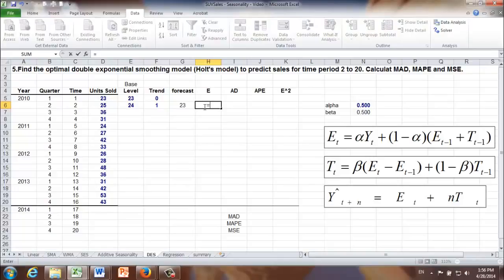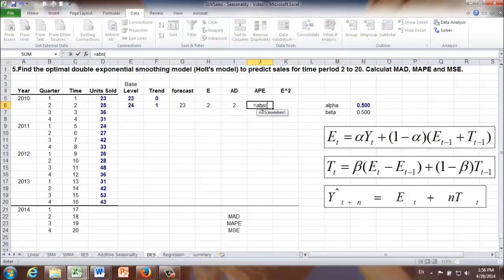The way to calculate E, AD, APE, and E squared are just the same. Forecast error is equal to actual sales minus forecast. AD is just the absolute deviation, or the absolute error.